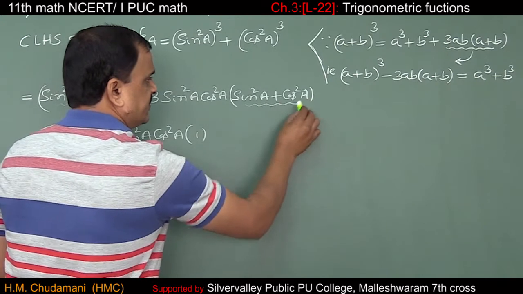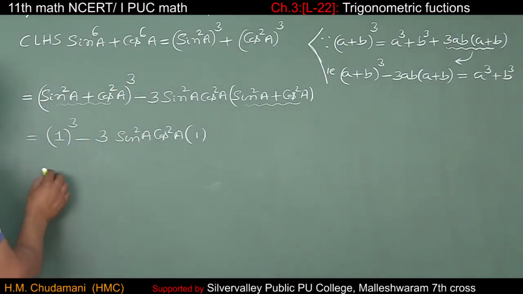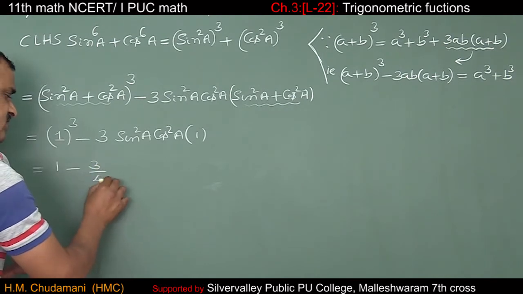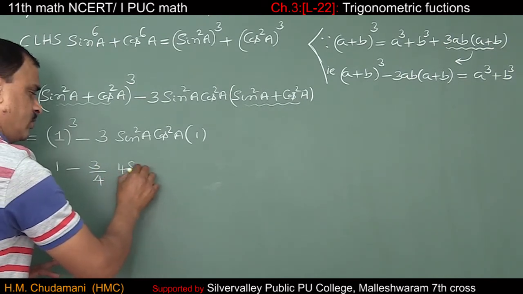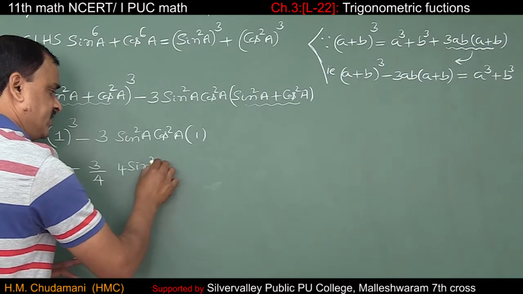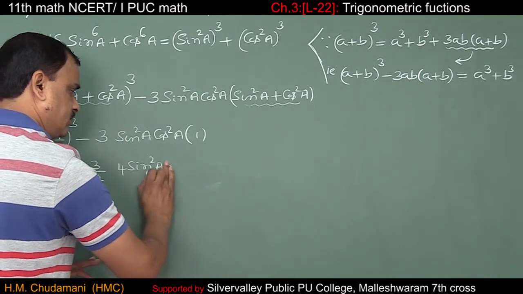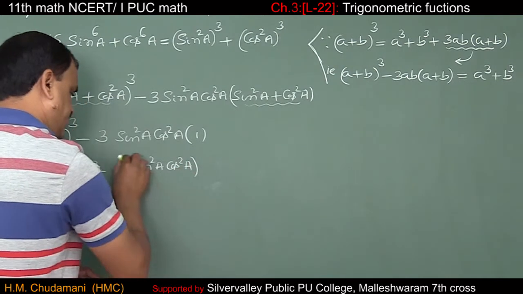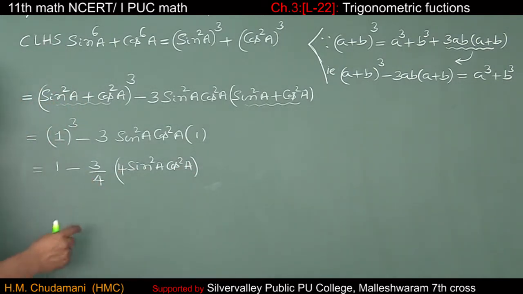Again sine square A plus cos square A is 1. This is equal to 1 minus, I just multiply and divide by 4 for the second term. This 4 and 4 get cancelled, so no change in the value.